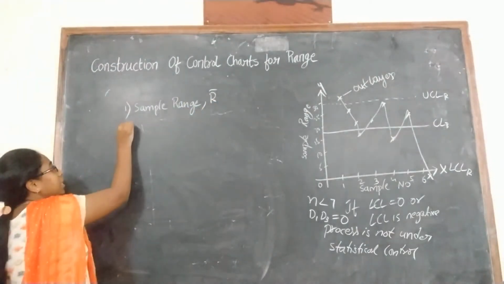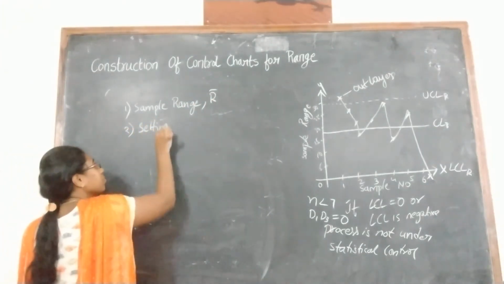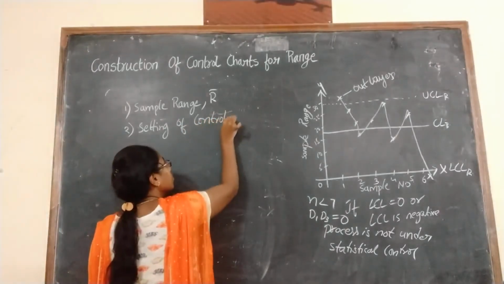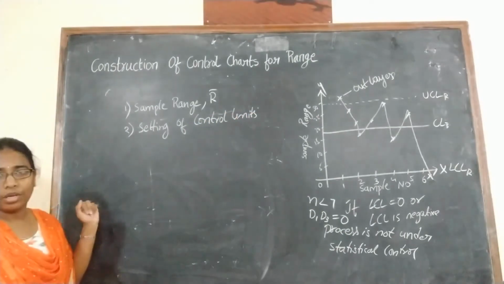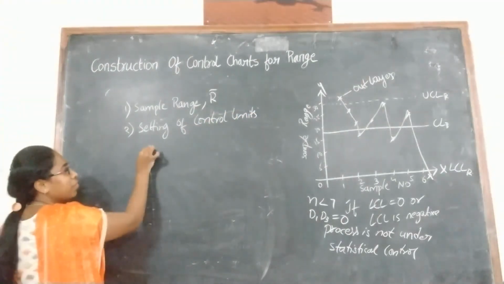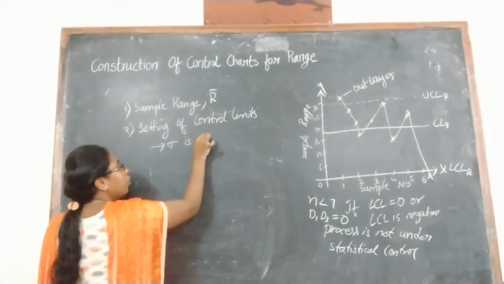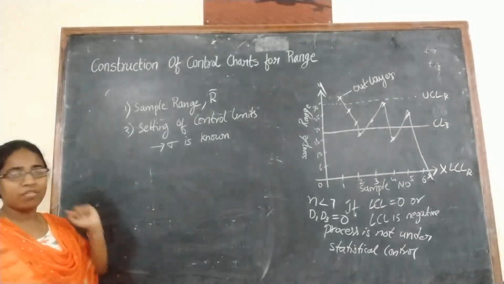The second step is setting of control limits. In this, you will have two cases. The first one is when sigma is known. That is, if sigma is already given in the question, that will be your first case.